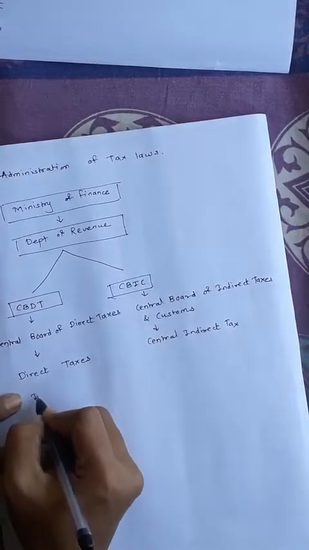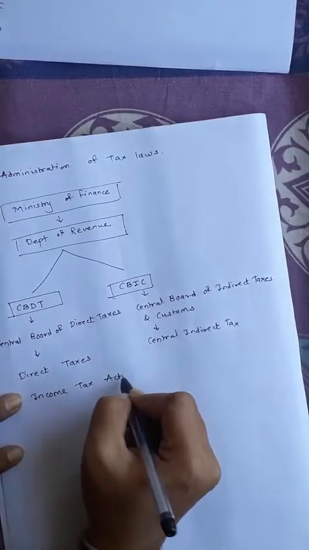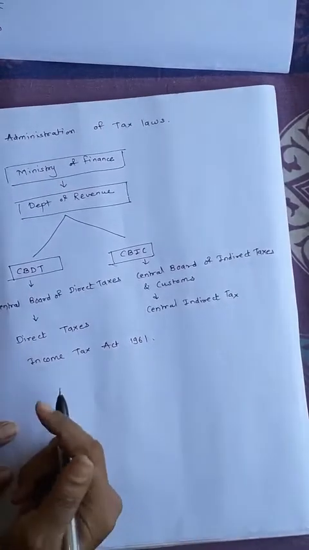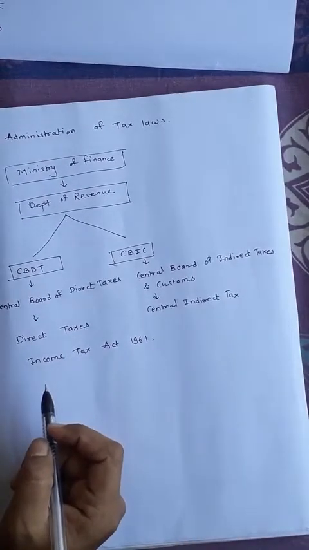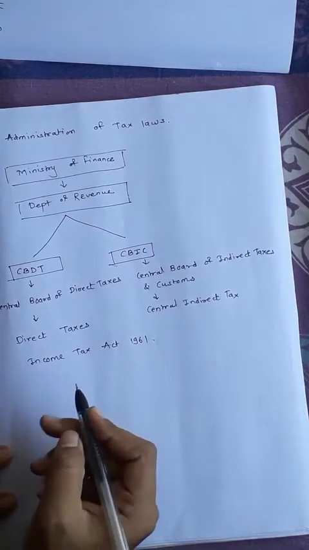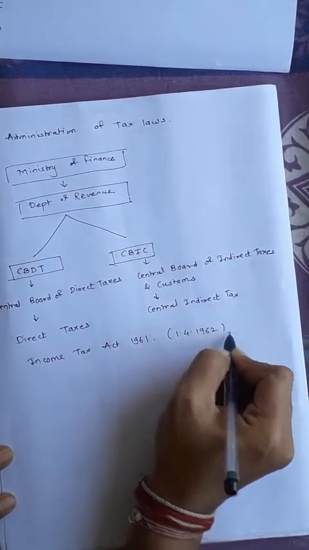Now we will discuss the Income Tax Act and some of the important provisions. The provisions of Income Tax extend to the whole of India and became effective from 1st April 1962.